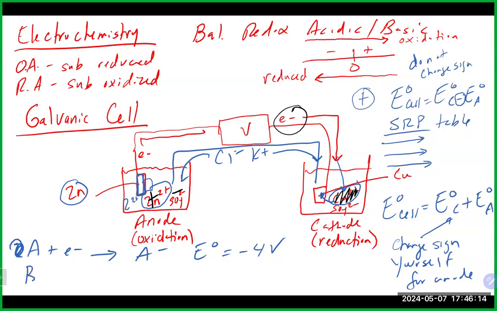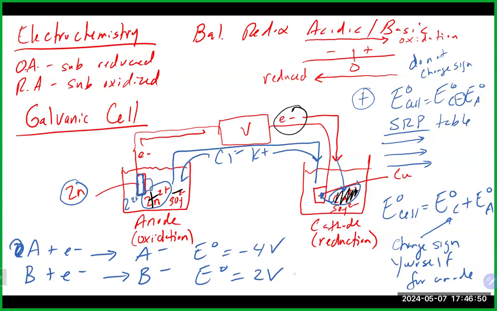And we have B plus an electron goes to B minus, and our E value here is 2 volts. Remember that the other thing we talked about was if you are building a galvanic cell and they do not give you an overall reaction, the way you can decide which one should be your anode and which one your cathode is that the one with the SRP value that is more positive should be your cathode.